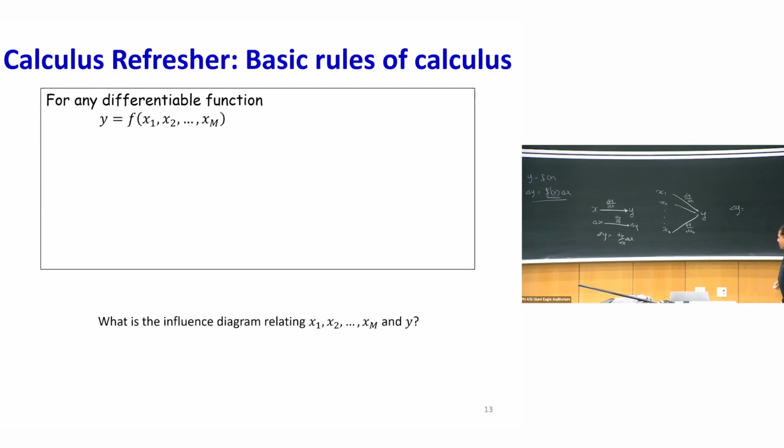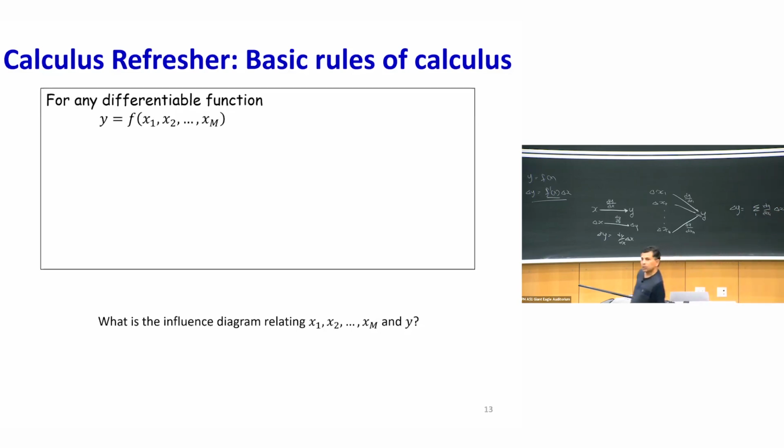If I have a delta y here, all of these have delta x's, right? What would delta y be? Summation of the sources. This is going to be the total incoming information. That's going to be the summation over i of dy over dxi times delta xi. Everybody comfortable with this representation?